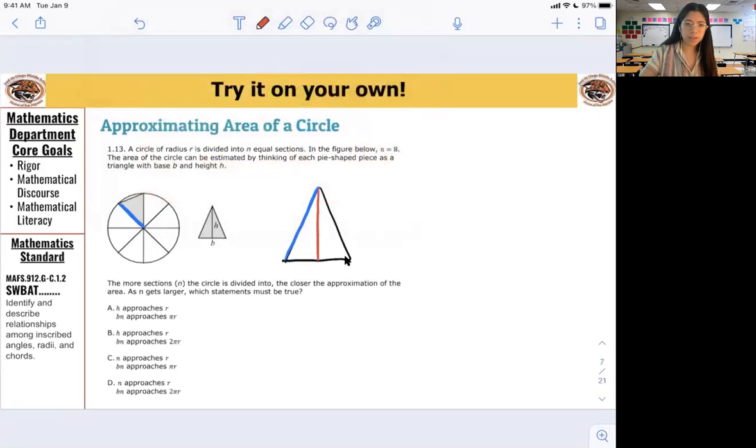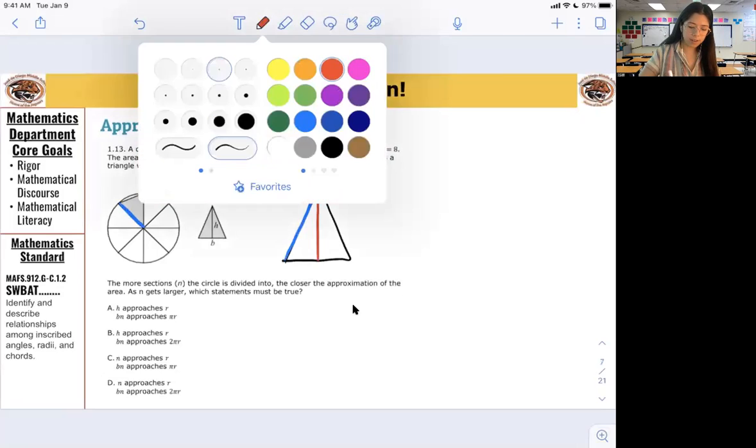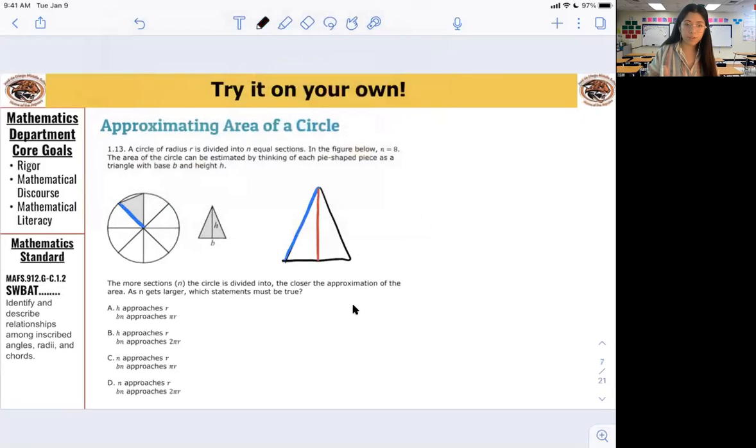Now let's say we split this triangle in half. Let's say we cut it into half and we make it much, much thinner. Again, this is the radius, and then this is the height of the triangle.